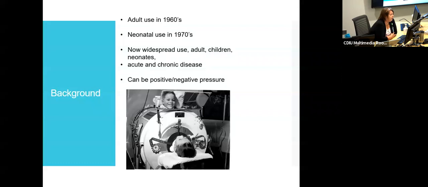If you think about a non-invasive device as something like this pictured, which is an iron lung, this is the ultimate non-invasive device. By definition, any non-invasive device is a device where we can provide ventilation and therefore gas exchange without using an artificial airway. So without using an endotracheal tube or a laryngeal mask or a tracheostomy.